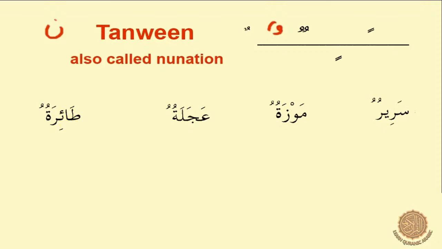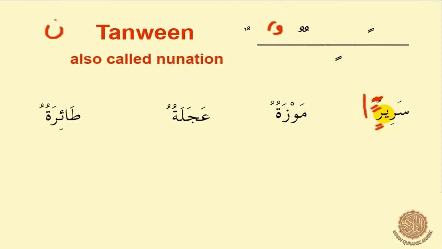And we can also put the two fathas and the two kasras also. So for example here sarir could be, let's take this off, it could be sariran or saririn. Now one thing to note, with the two fathas, in most words you'd put an extra alif.